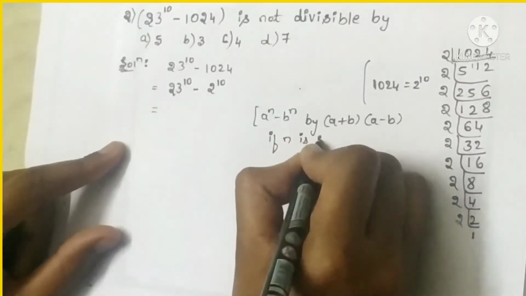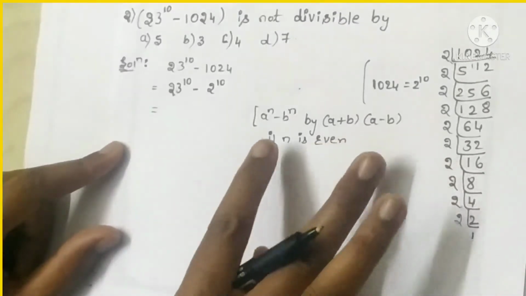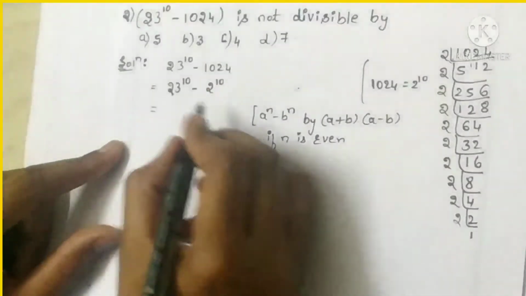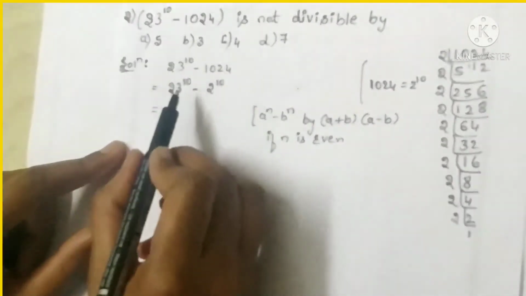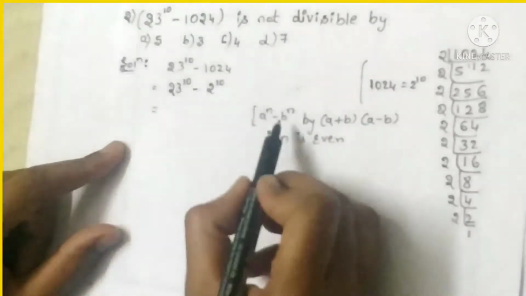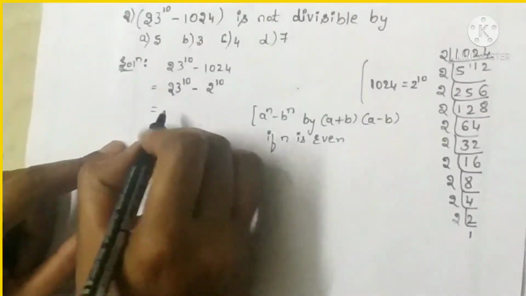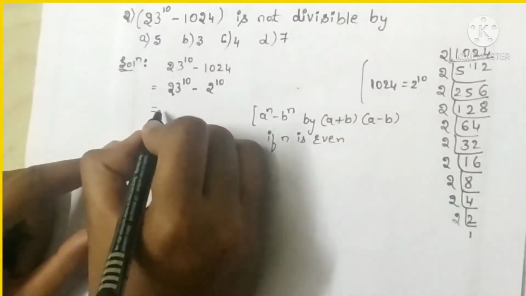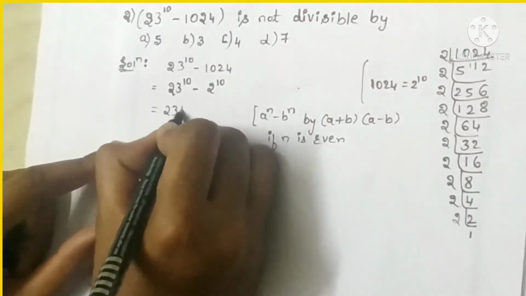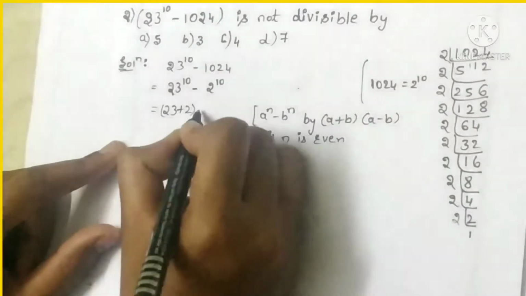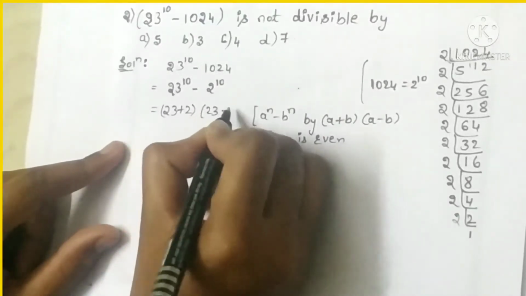Since n is even, I apply this rule here. That is, I compare a with 23 and b with 2. So I write 23 plus 2 and 23 minus 2.